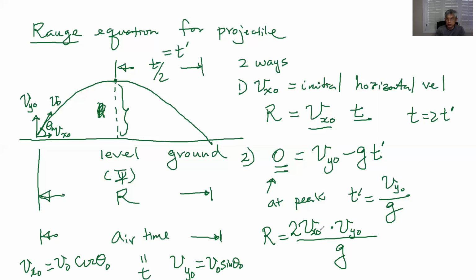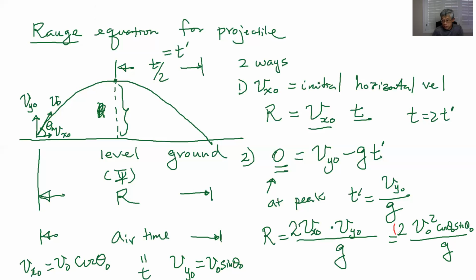So we're going to put this 2 into here, right? Because a lot of times we know V0. We may not know Vx0, but we know V0. So 2, and then we have V0 squared, and then cosine theta 0, sine theta 0, and then divide by G.